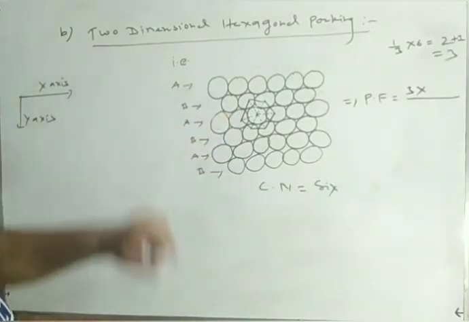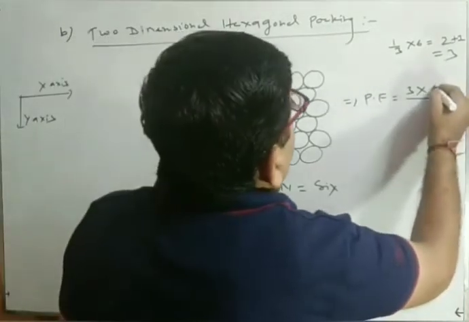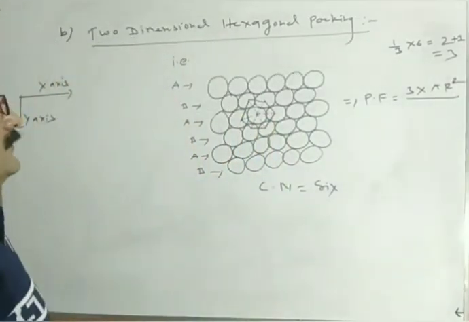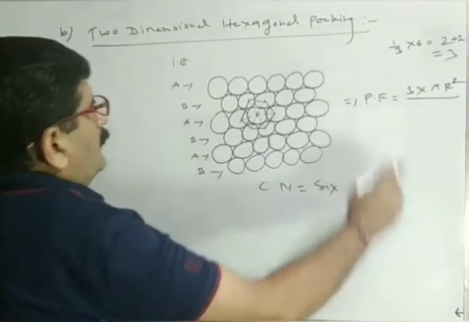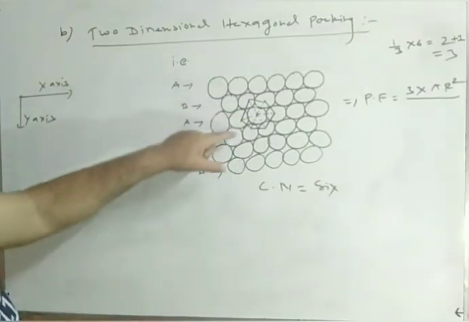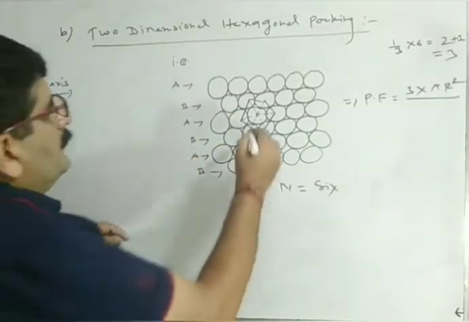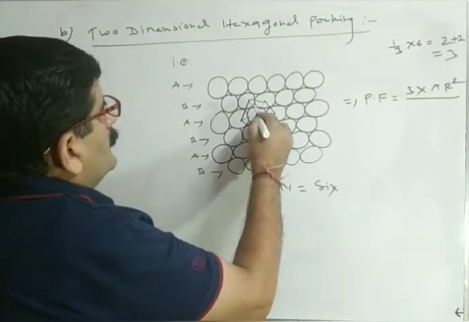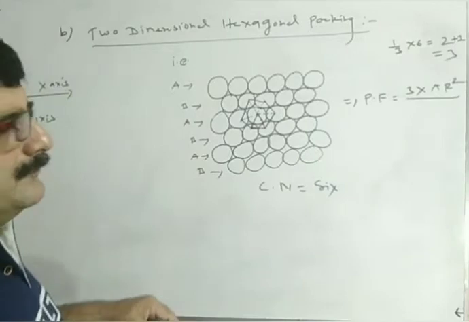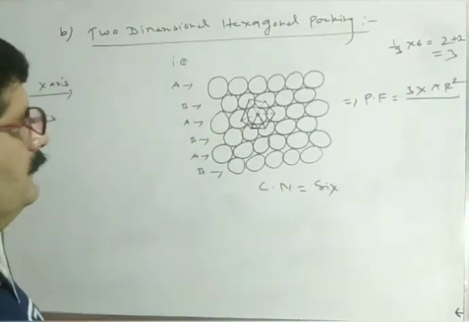And the area of the circle is pi r square. Here we find out the area of what? Hexagon. Consider this equilateral triangle.